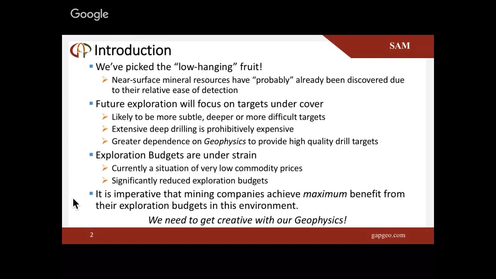If you start looking deeper, drilling becomes more expensive. So I think we're going to become more dependent on geophysics to minimise our drilling costs, if you like, and have more focused drilling campaigns. And the other point I'll make there is that mining companies have got pretty tight budgets these days, so you really want to get the maximum for your exploration dollar.